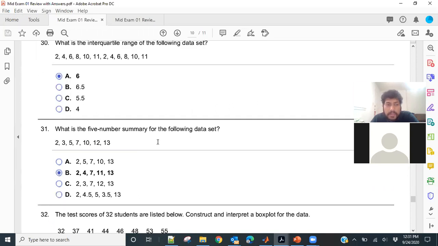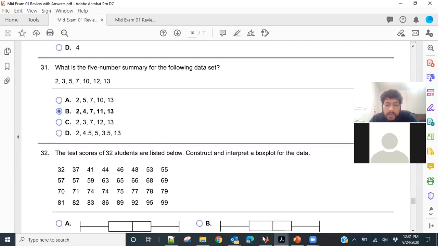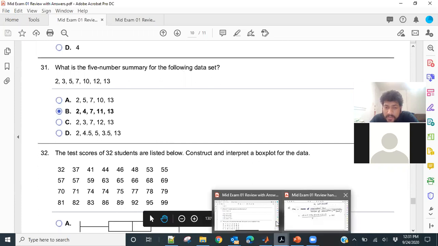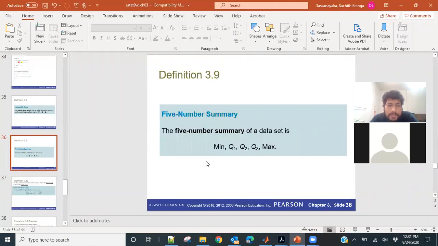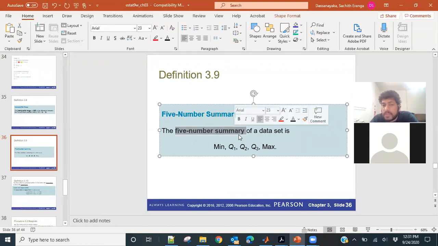IQR. Five number summary. What is the five number summary? Five number summary means your Q1, Q2, Q3, and the minimum value and maximum value of that particular data set. Those are the five number summary.